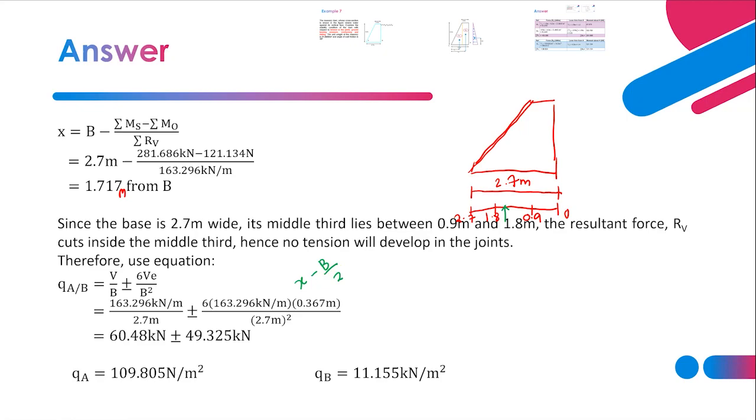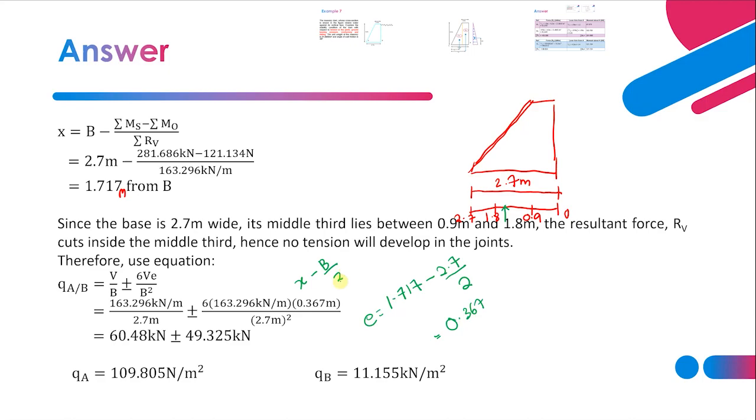So X you got 1.717. You just minus 2.7 divided by 2. You will get this value, 0.36367. So that is E, the eccentricity.